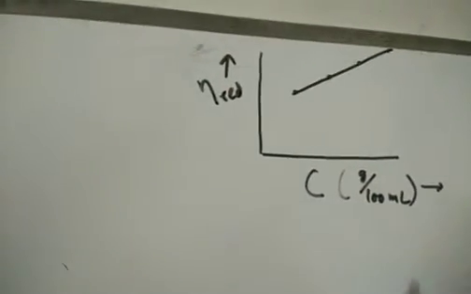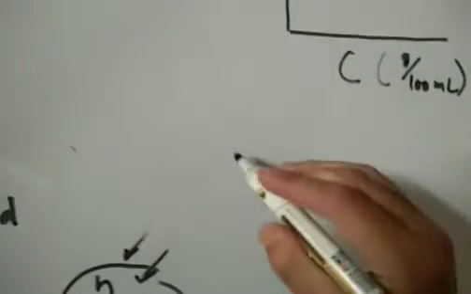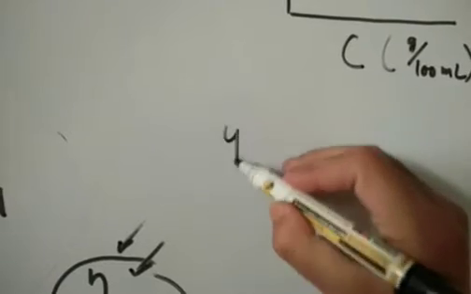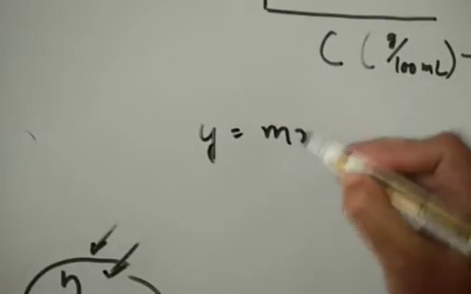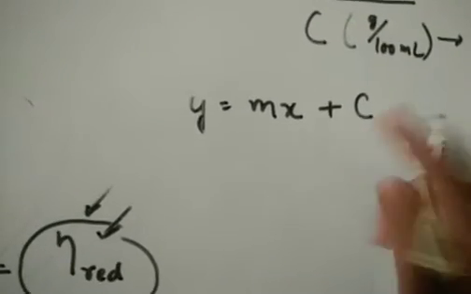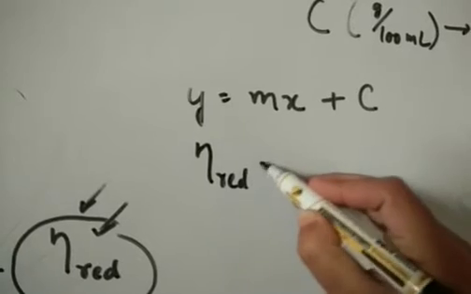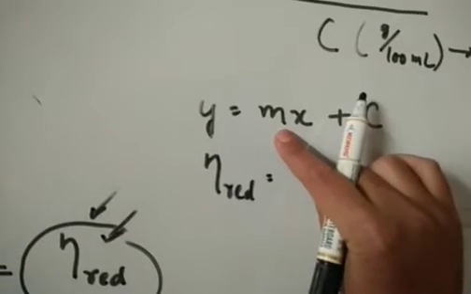Since it always comes as a straight line, you can express it in the form y is equal to mx plus c. So this is your constant. We write reduced viscosity here, which is equivalent to the slope of the line.